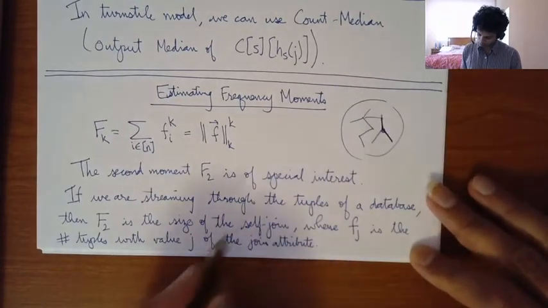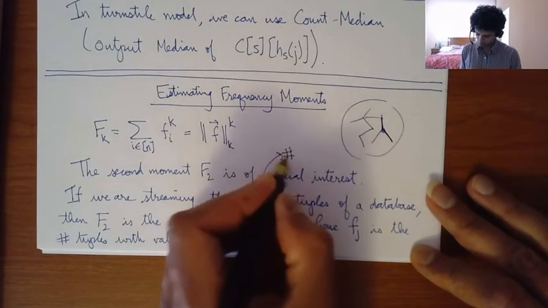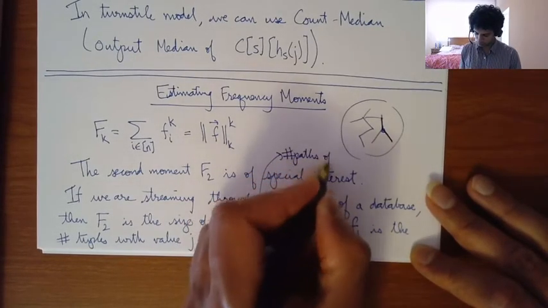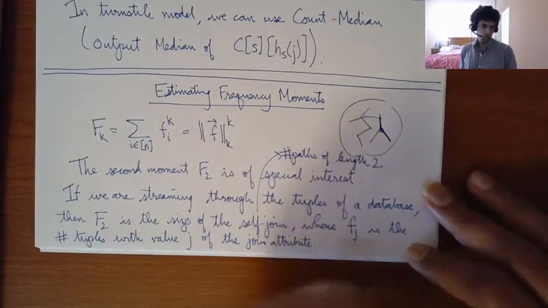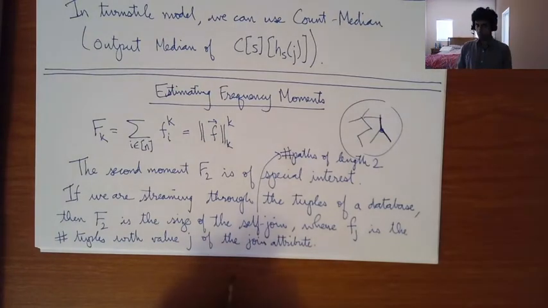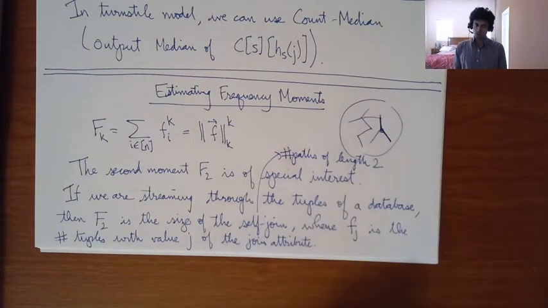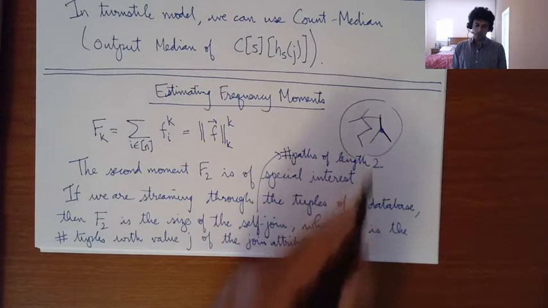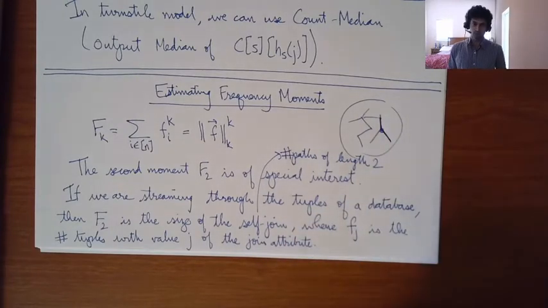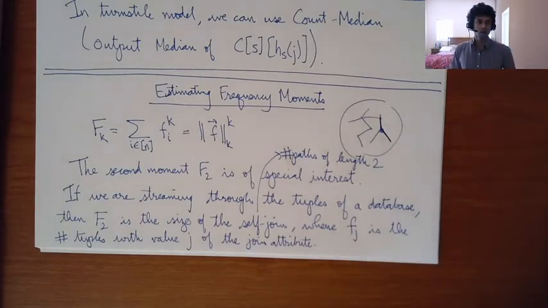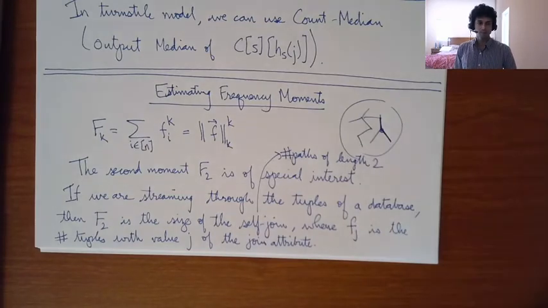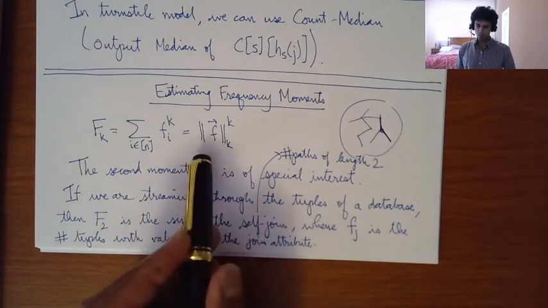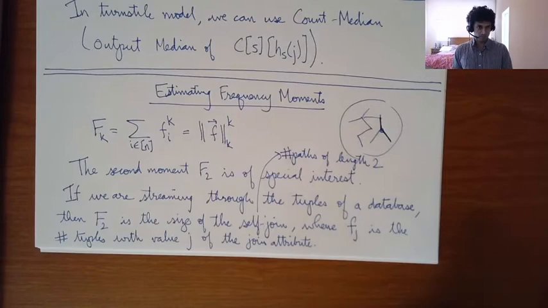So you can even think of it just for graphs. This actually comes up a lot: you stream through the edges of a graph, and you'd like to find out how many paths of length 2 exist in this graph. Definitely today is not my day. So how many paths of length 2 in the graph? That would be the second frequency moment when you're streaming through the edges.